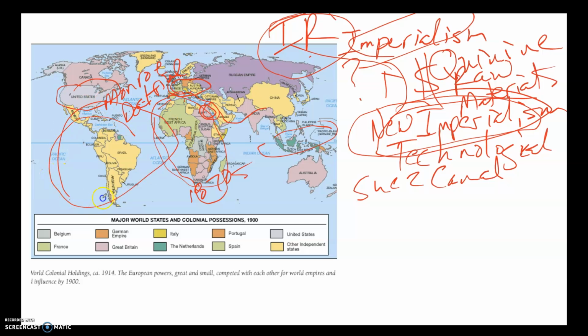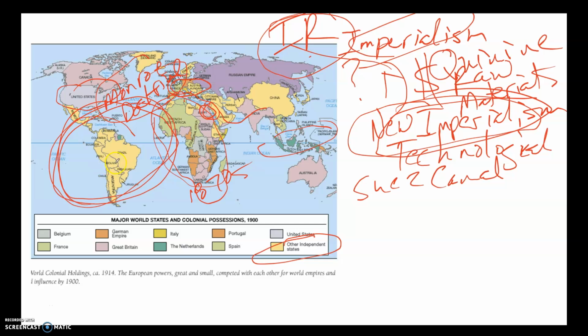What about Latin America, though? Again, Latin America, you can see independent states. Remember, they just had their revolutions, and they aren't colonized. However, Monroe Doctrine, the U.S., this is basically a U.S. sphere of influence.